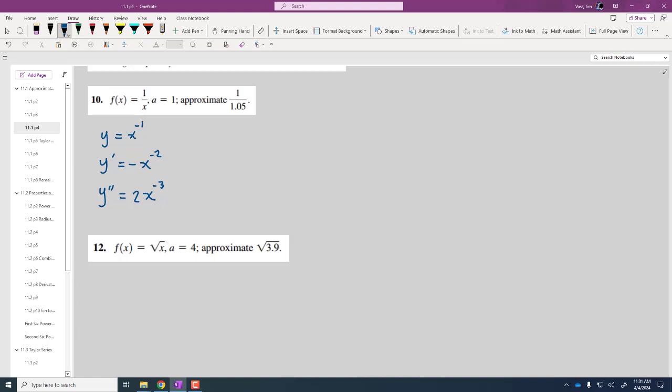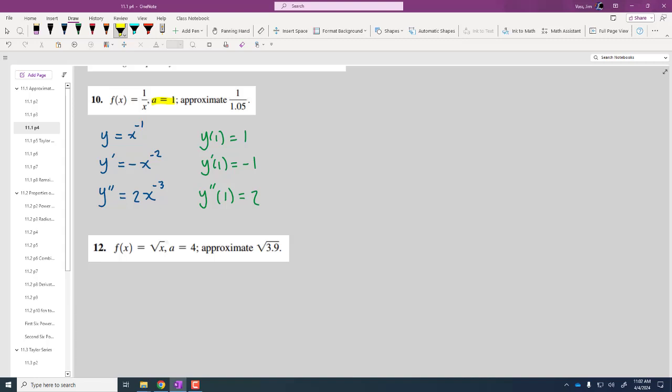And then we want to evaluate each of these at the center: y of 1, y prime of 1, y double prime of 1. So we've got our original function and its derivatives, and then the function and its derivatives evaluated at the center. They have to tell us the center, and they tell us we're going to center these approximations at an a value of 1.